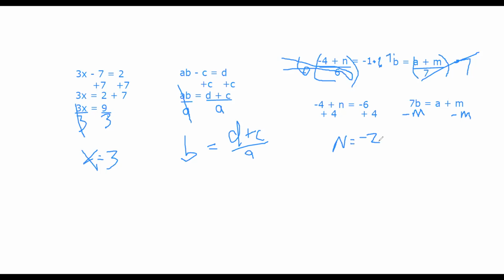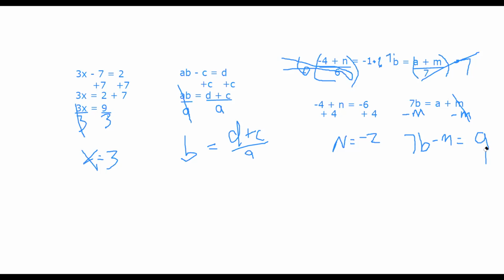I'm not subtracting it from B or from 7. I don't know what B stands for. I don't know what M stands for. It doesn't matter. Here, it's canceled. On the left side, what we have is 7B minus M equals A. And that's all you can do.